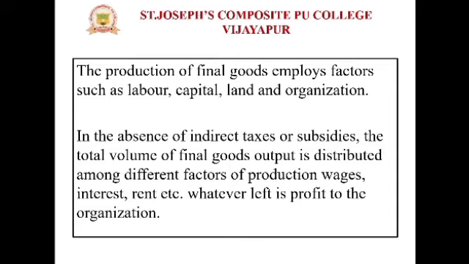So in the absence of indirect taxes or subsidies, the total volume of final goods and services is to be distributed among the different factors of production, that is, by way of wages, interest and rent, and also profit to the organization.